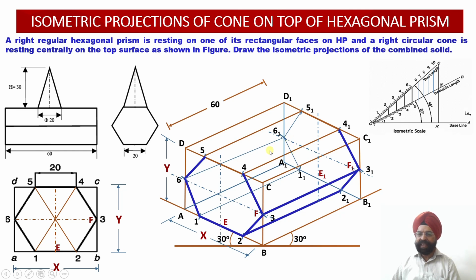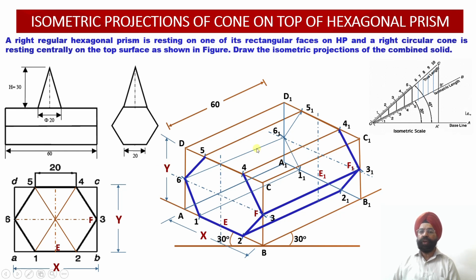So similarly 6 and 6,1. These lighter construction lines are going to interfere with the construction of the cone over here. These lines might create doubt about which lines correspond to the cone and which correspond to the prism.